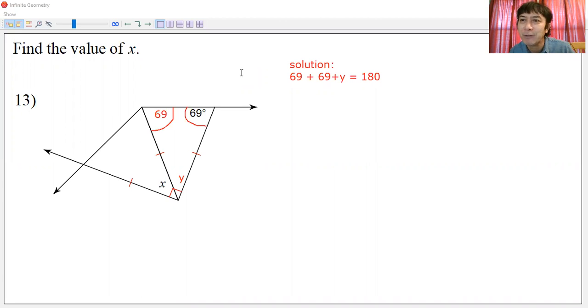So we can definitely solve for y. That's 69 and 69, that's 138. So we can continue with 138 plus y is equal to 180.